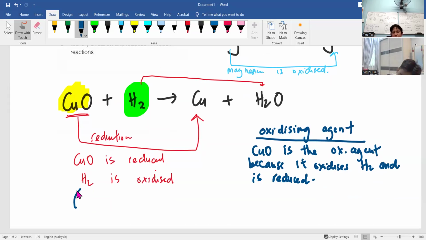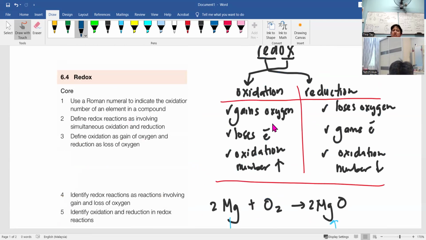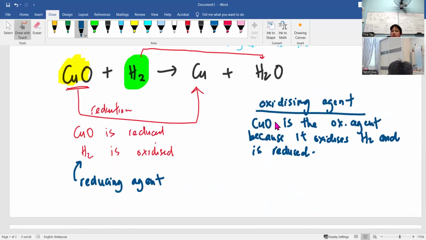So hydrogen is also known as the reducing agent. Okay, can I understand? Okay, so that is in terms of oxidation and reduction.